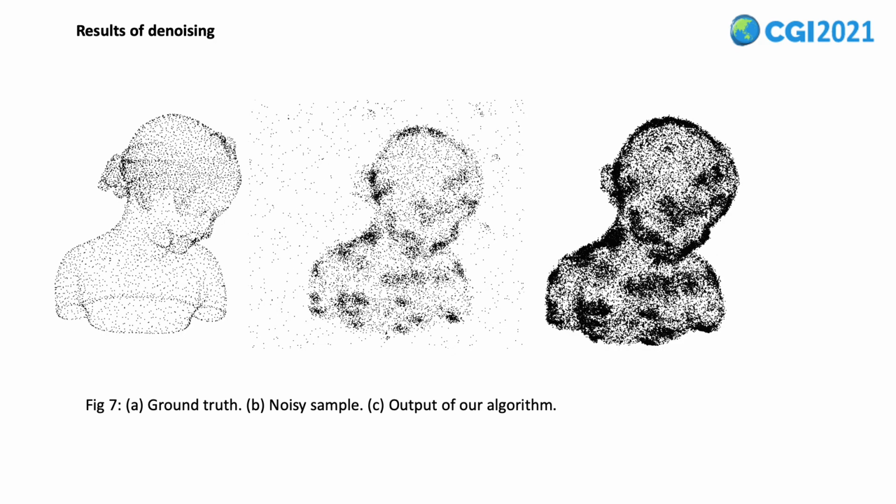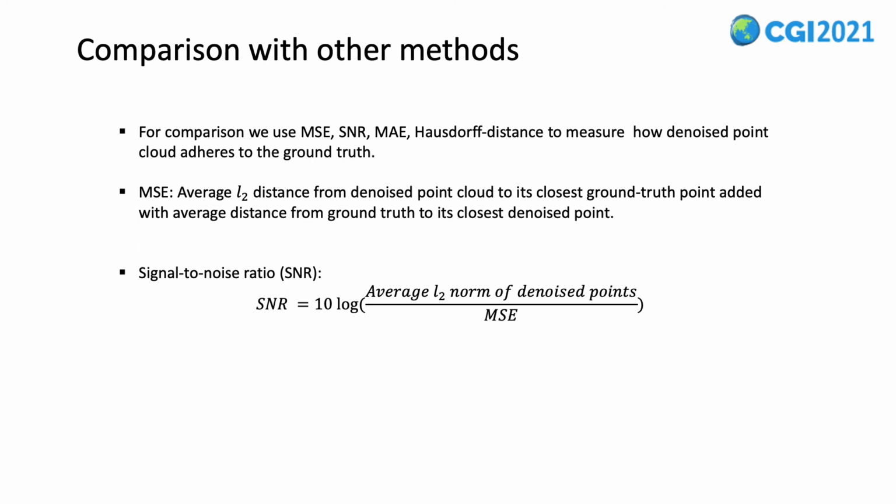Here's the result. The first one is the ground truth, the second one is the noisy one, and the third one is the denoised point cloud. We can compare with other methods. I'm skipping very fast here.